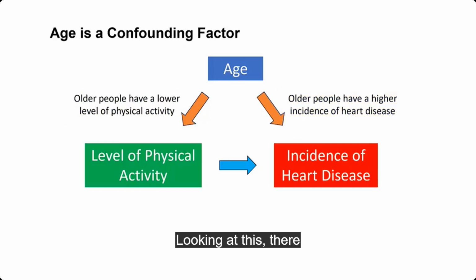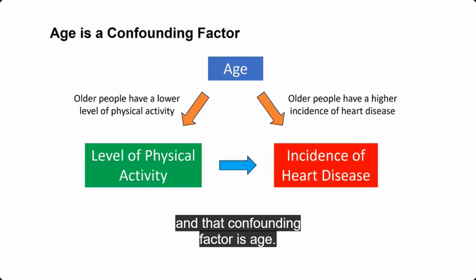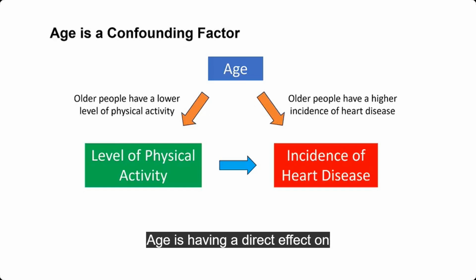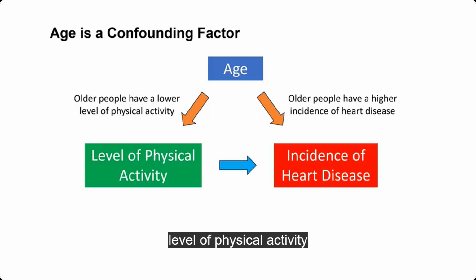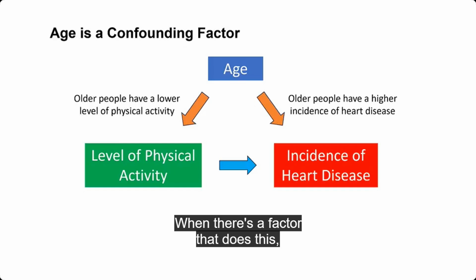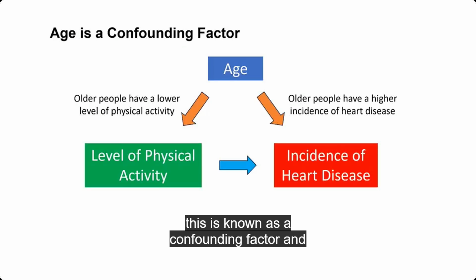And so looking at this, there definitely is a correlation between level of physical activity and incidence of heart disease, but there's a confounding factor, and that confounding factor is age. Age is having a direct effect on both of the things that were being correlated, level of physical activity and incidence of heart disease. When there's a factor that does this, this is known as a confounding factor, and it really weakens the study quite a bit.